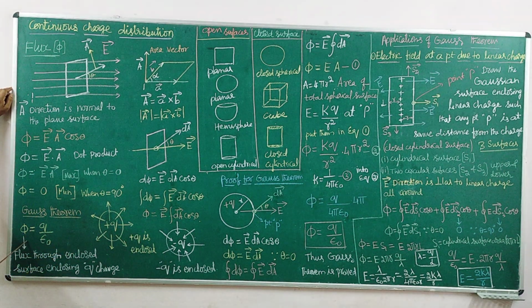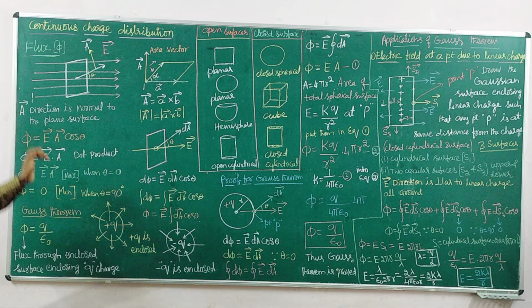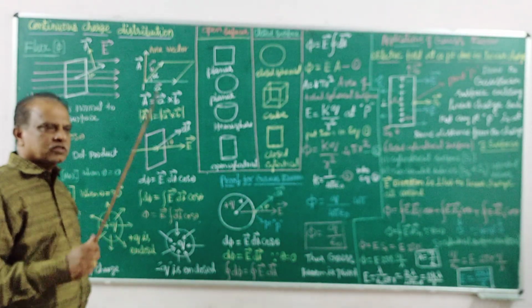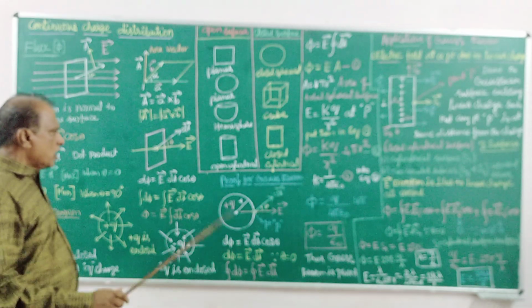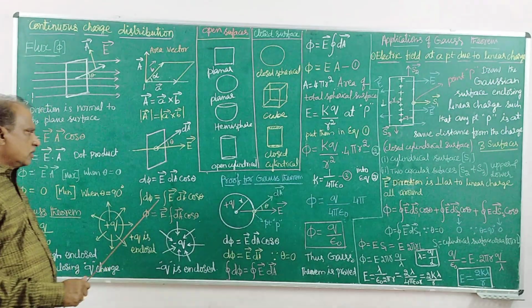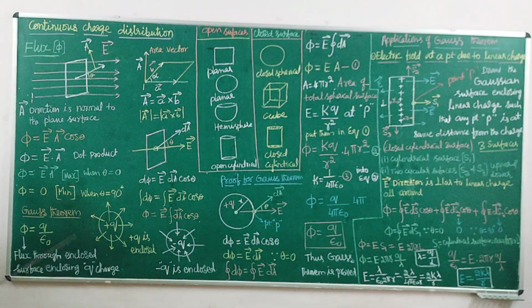So this equation is applicable for that Gaussian surface: Q divided by epsilon naught. The total amount of flux is equal to Q divided by epsilon naught for any Gaussian surface, which is an enclosed surface, enclosing some amount of electric charge. This is the statement of the Gauss theorem.